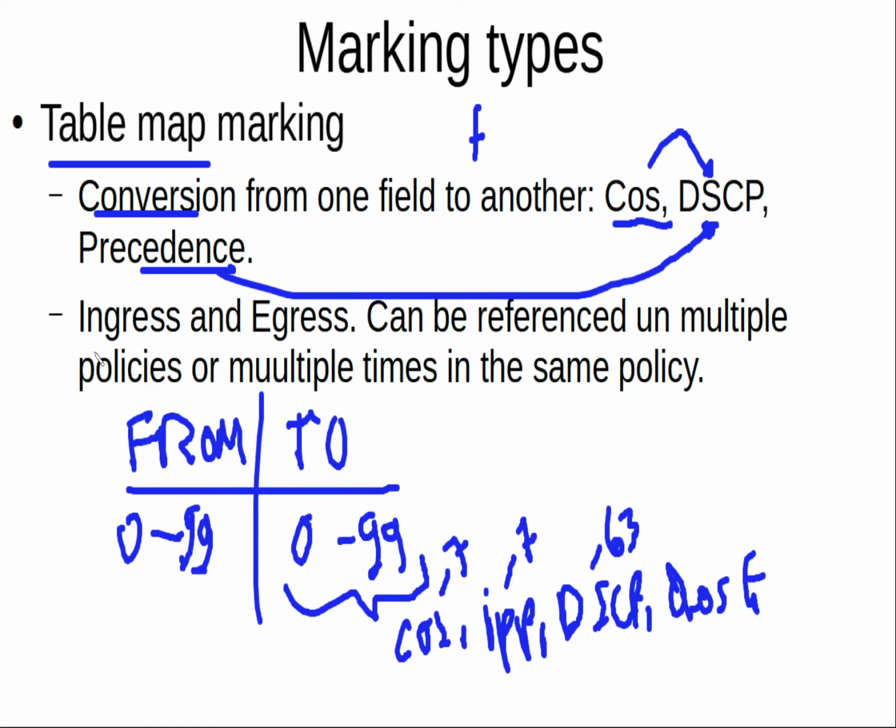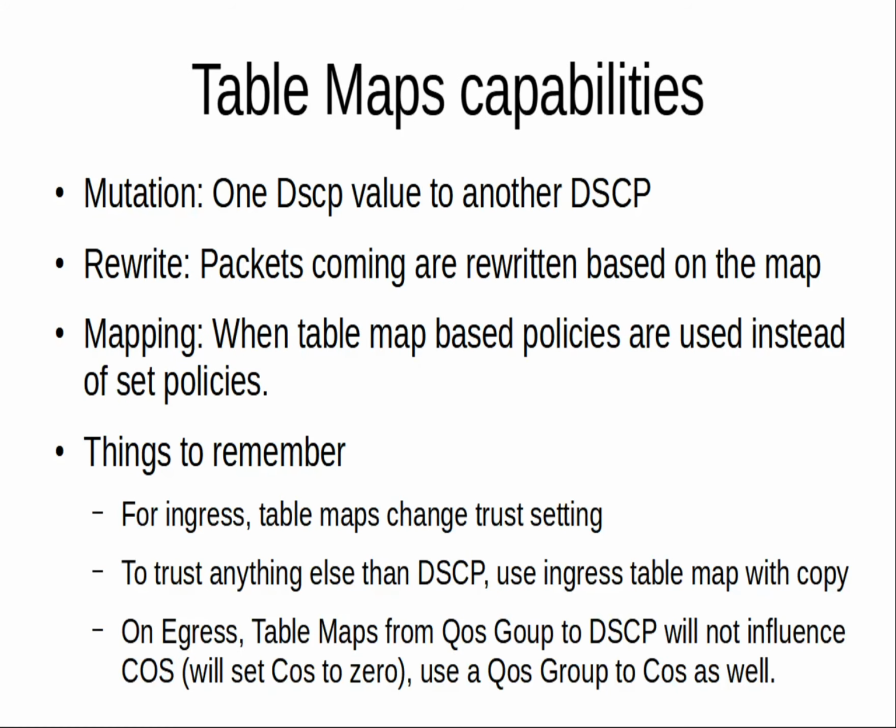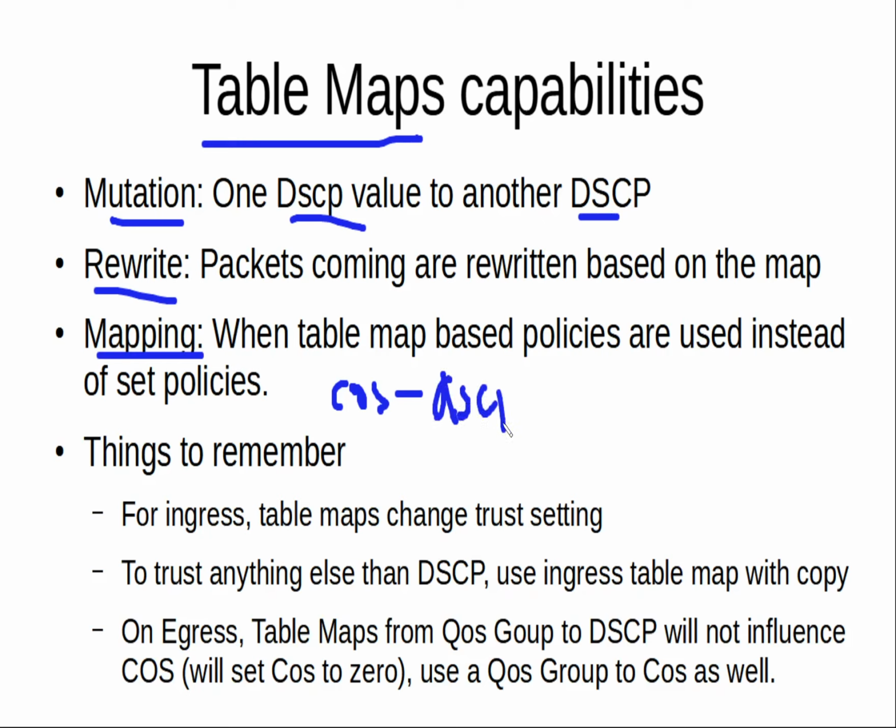This can be applied to ingress and egress traffic. So with table maps, we can do mutation. That means changing the DSCP to another DSCP value. We can rewrite values. It is good for mapping, so we can map, for instance, as we already said, COS to DSCP.